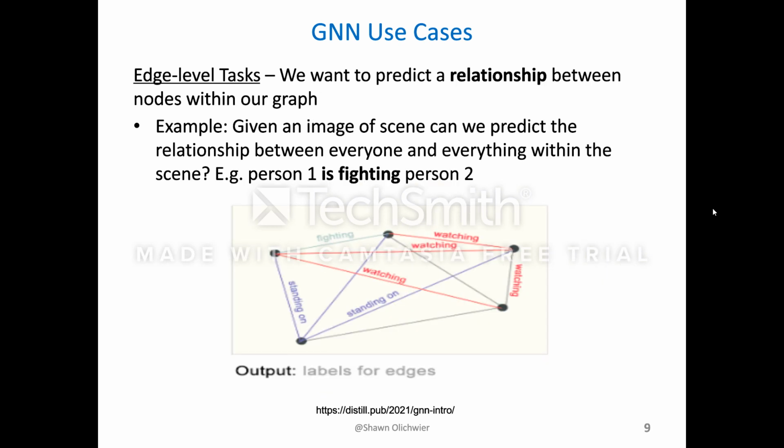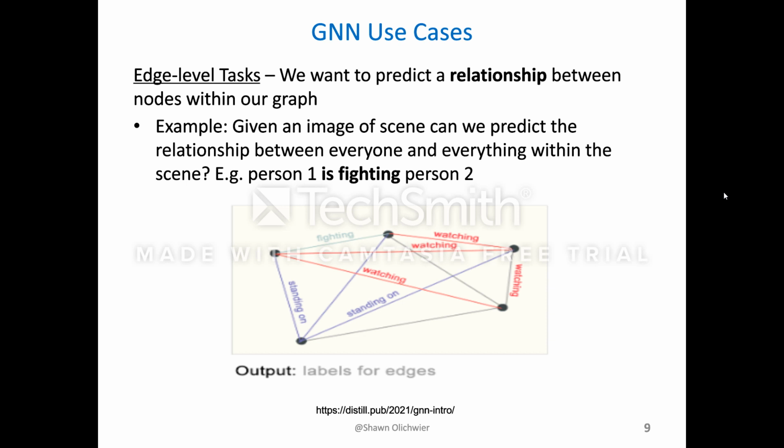And the last one that we have is edge level tasks. In this case, we're looking to predict a relationship between nodes within our graph. If we continue on the karate example from the previous slide, we have 5 different people or objects within our graph as nodes.